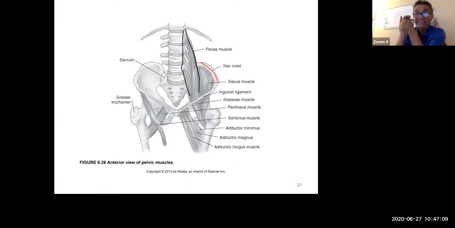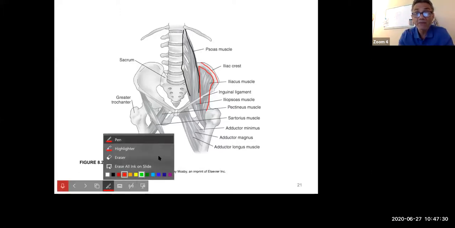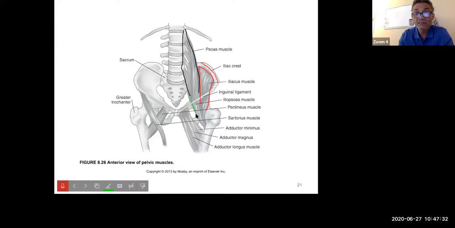We call it the iliac fossa. The iliacus muscle fits exactly within that fossa. So I'm talking about what? This muscle. This is the iliacus muscle. The psoas muscle and the iliacus muscle emerge as one single muscle tendon, and that tendon ends where?